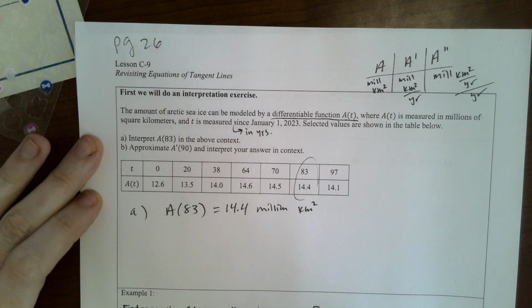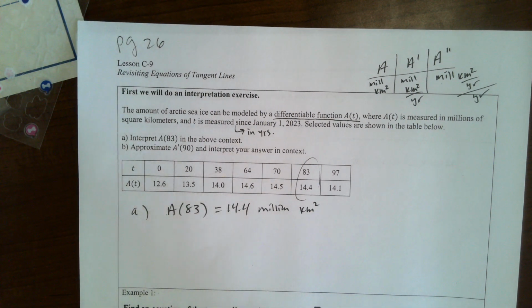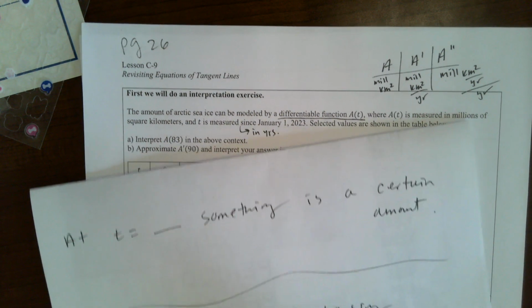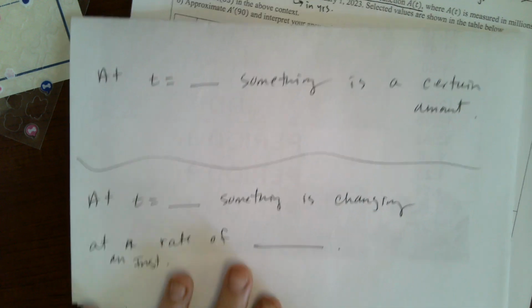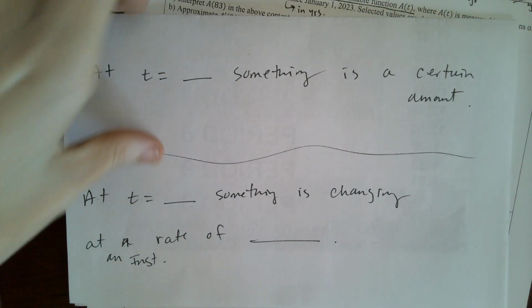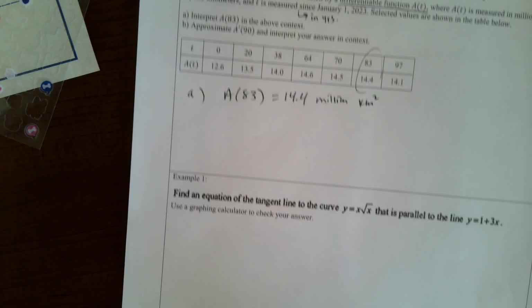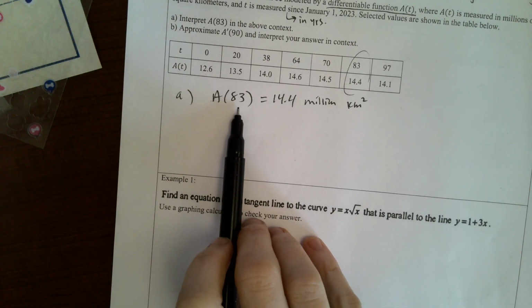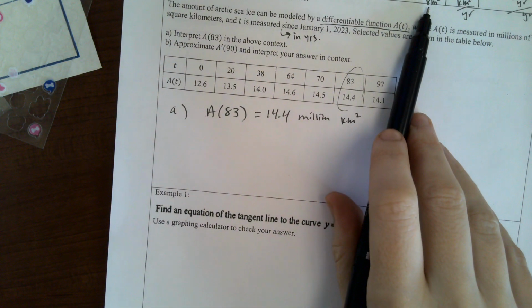So for the interpretation, I'm going to try to just go for it, guys, but you could still be using these, I'll put them here in case you want to write them down and think it through by thinking very generally what these things mean and then piecing it together. So A of 83.